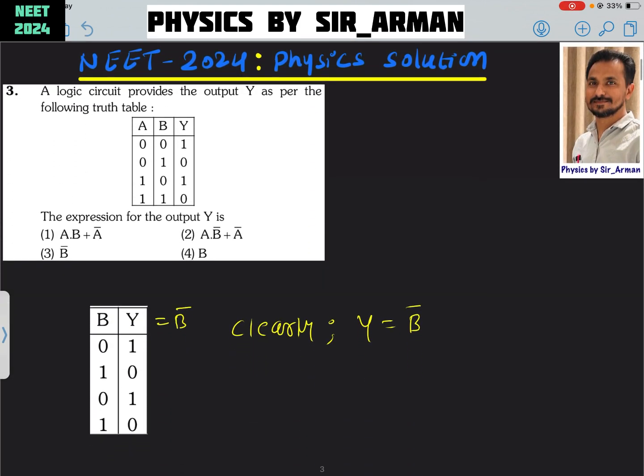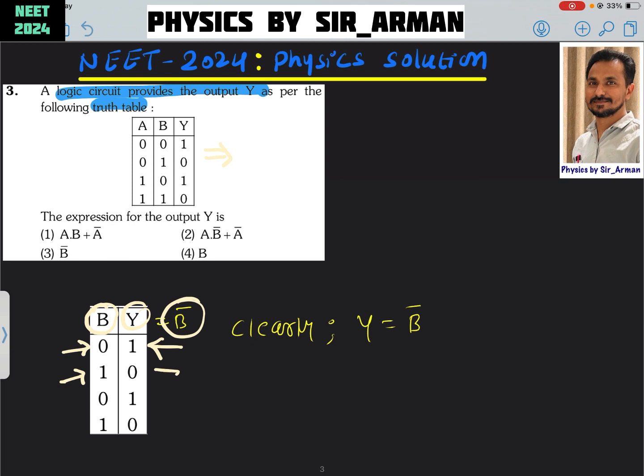Question number 3. A logic circuit provides the output y as per the following truth table. We have to find the expression for this given truth table. Now you can clearly see for all the terms in B, the output is like B bar. It means if here it is 0, the output is 1.